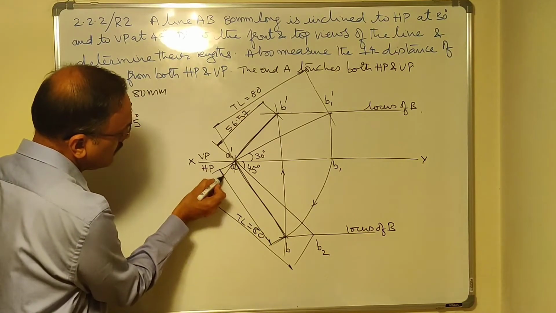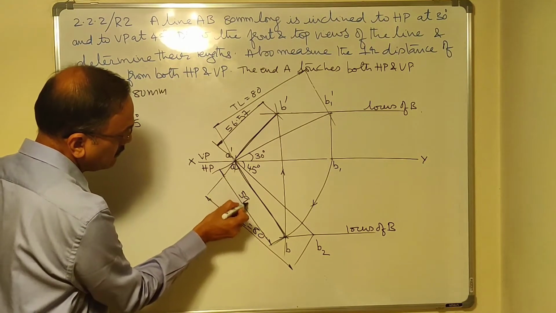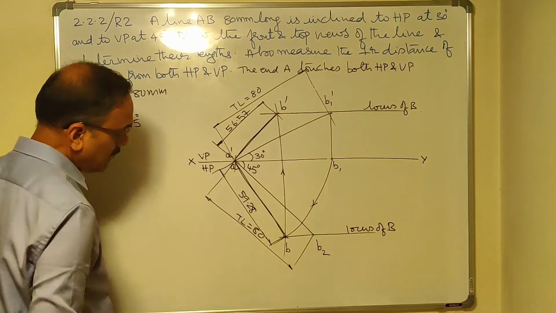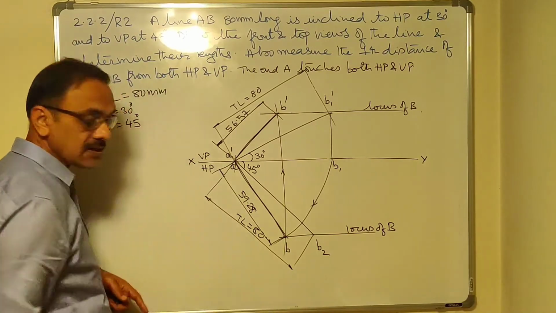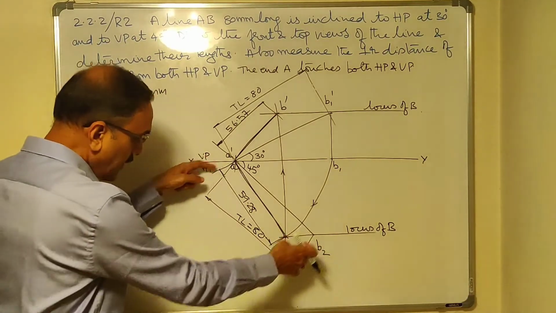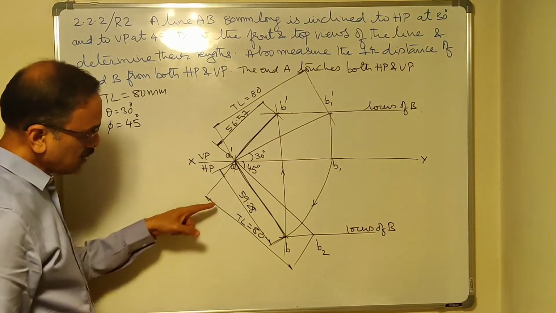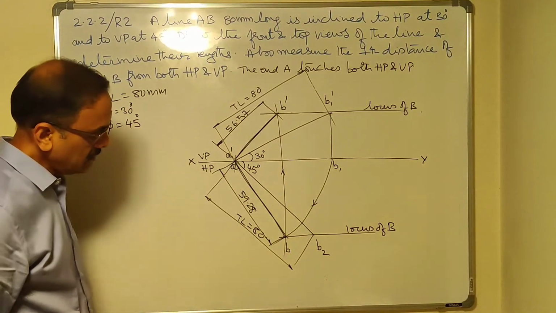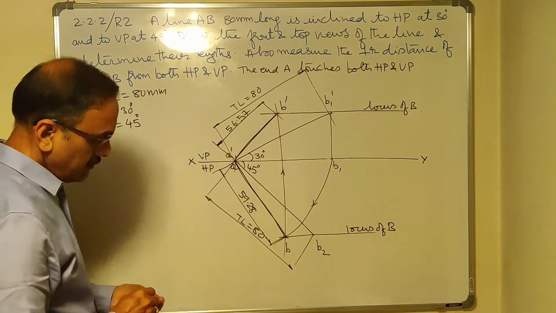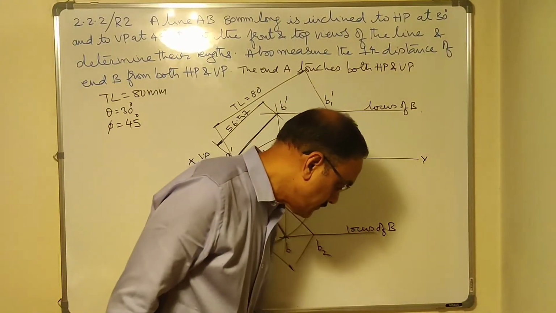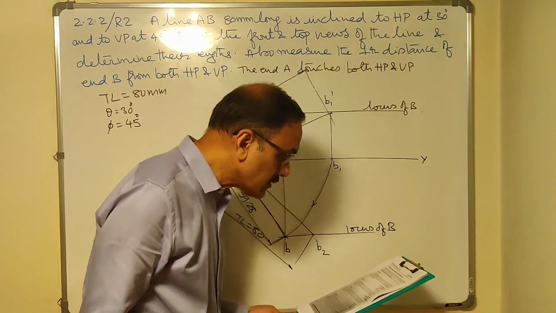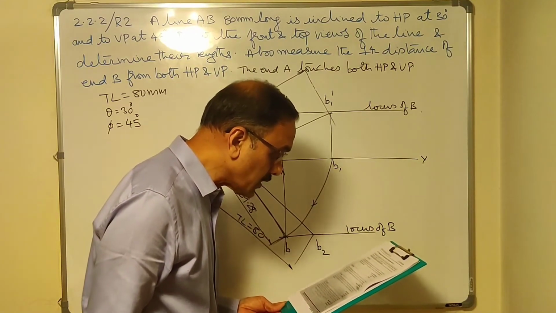When you are drawing this dimension, make sure that the dimension lines do not intersect with each other. That's the reason why I have taken it a little away. These two dimension lines shouldn't intersect. No, it is 69.28.